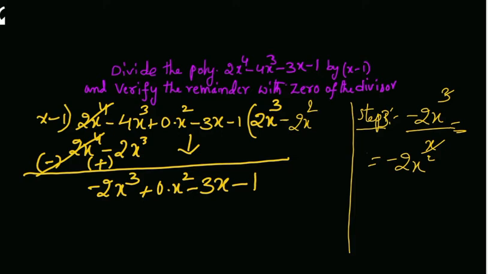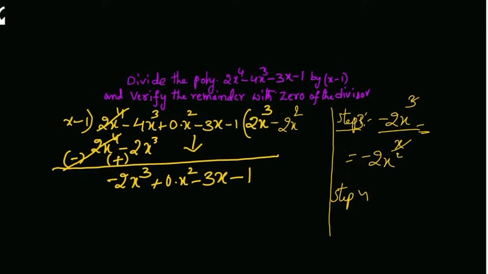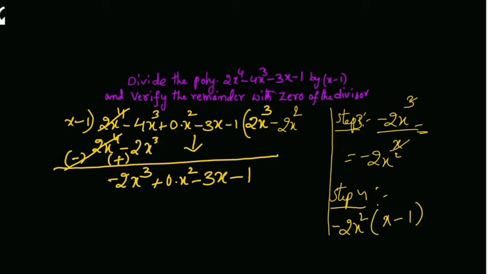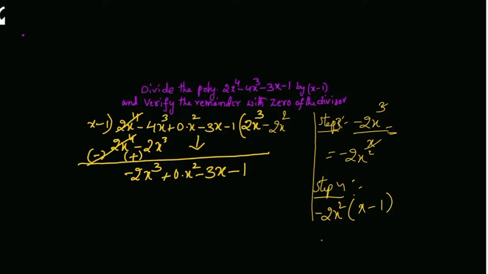Okay, next. In step 4, we have to multiply this minus 2x square with the divisor x minus 1. Then what will you get? You get minus 2x cube, and minus into minus is plus, so plus 2x square.